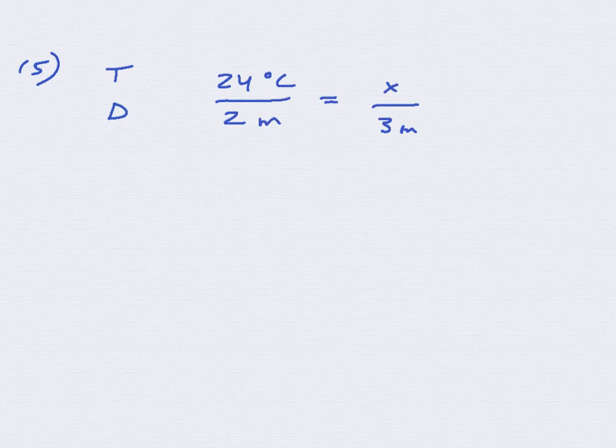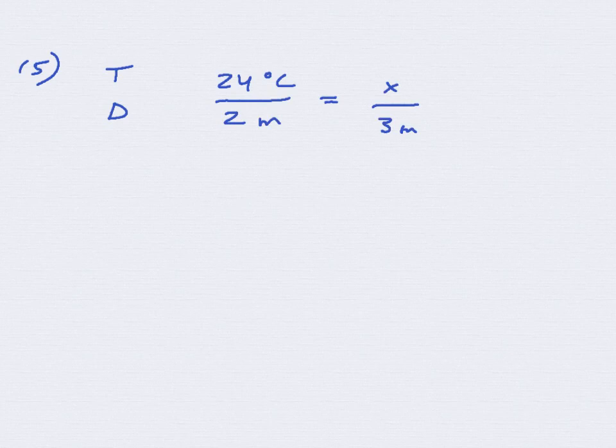We are comparing temperature to distance. With an inverse proportion, we have to do an extra step. Temperature, 24 degrees Celsius. Distance, 2 meters. If the distance goes to 3 meters, the distance goes up, so the temperature would obviously go down.